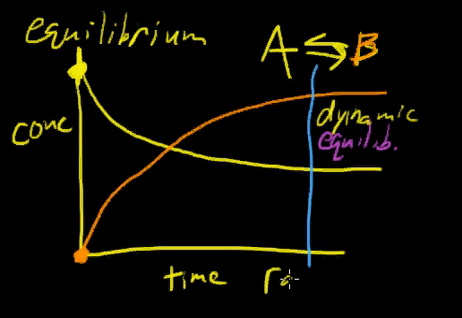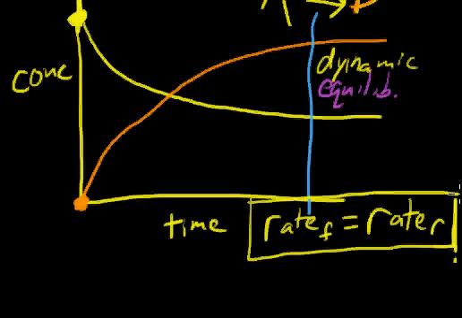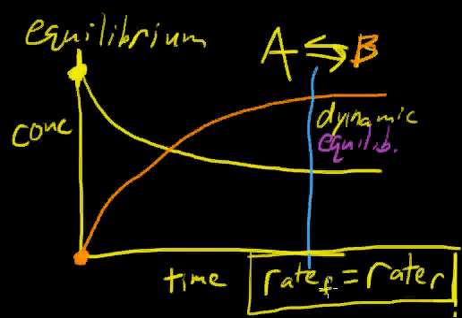So we can say rate forward, and I'll use an F, equals rate reverse, the backwards reaction. And this, right here, is our definition of a dynamic equilibrium, the point at which the rate of change of reactant equals the rate of change of product. The rate of the forward reaction equals the rate of the reverse reaction.